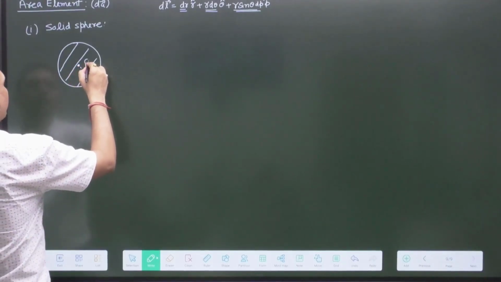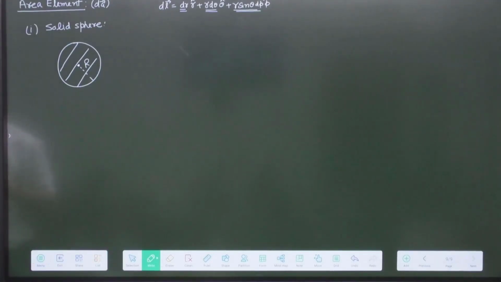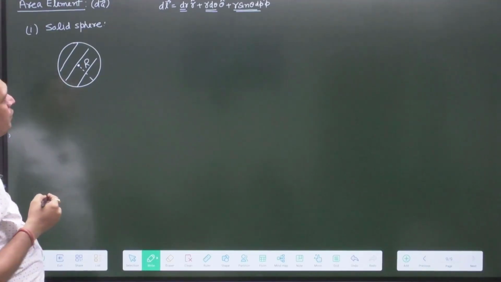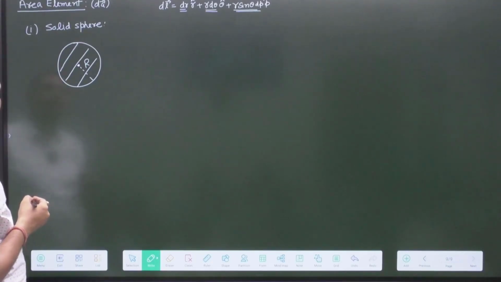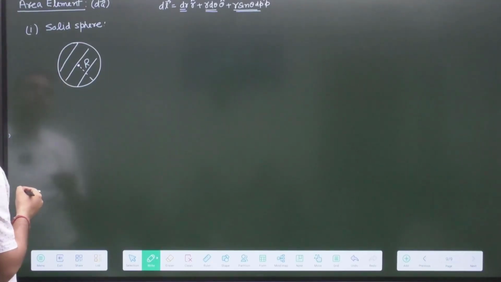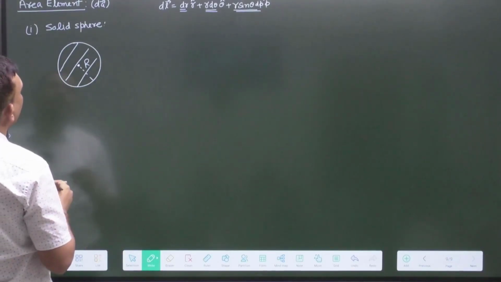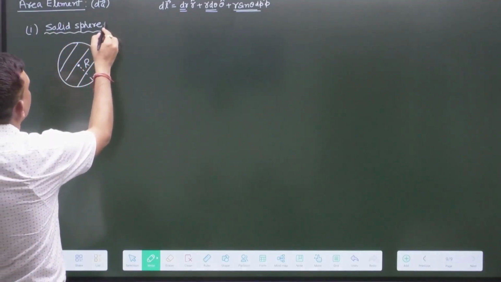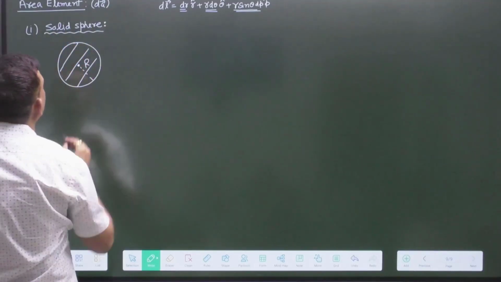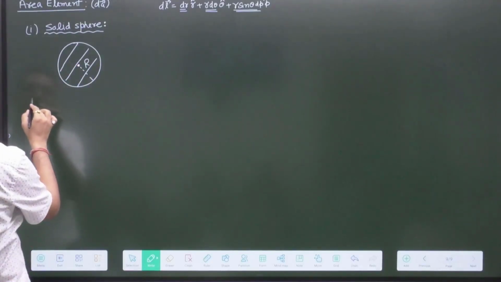It's a sphere of radius capital R. So let us first specify what will be r, theta, phi here.